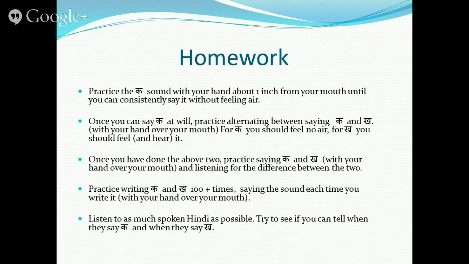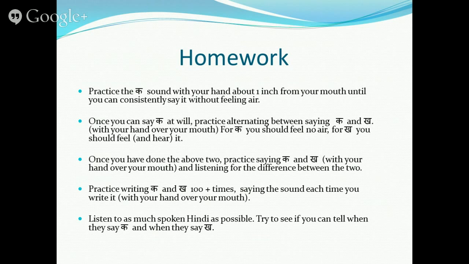And now once you can do that, then practice alternating between saying ka without air and kha with air. Your hand, of course, is over your mouth. So you should be able to feel and hear it. Now, the third step is really the hearing step.